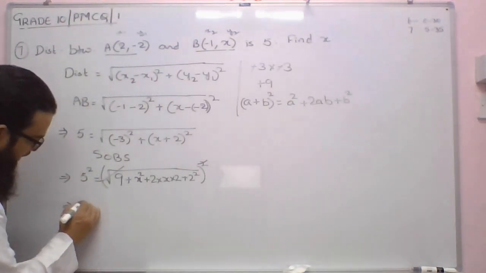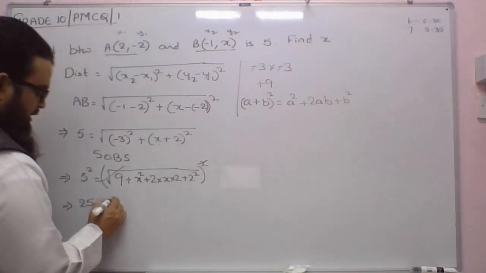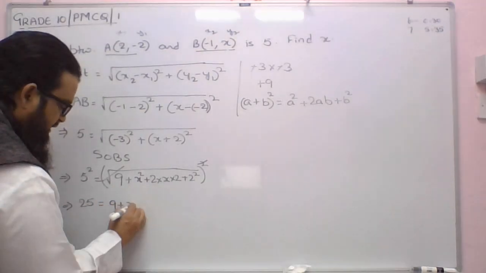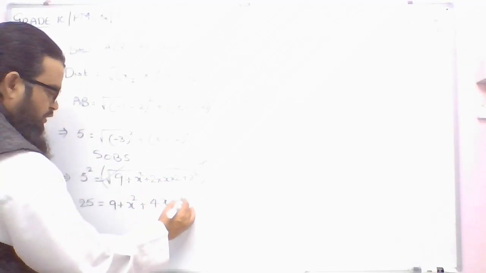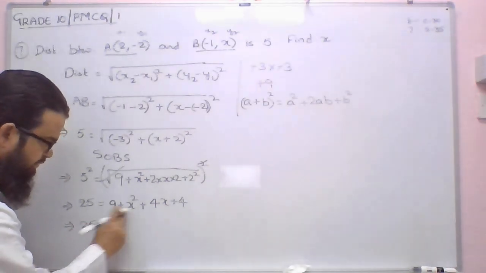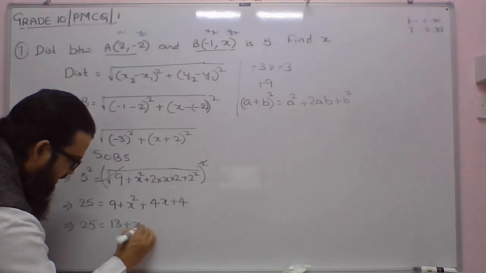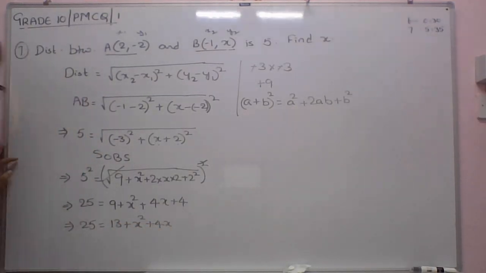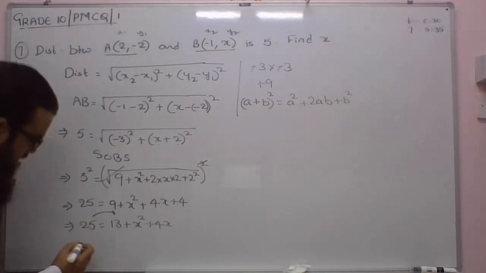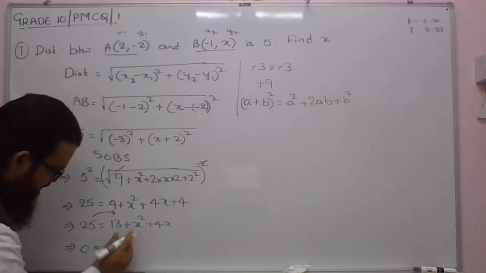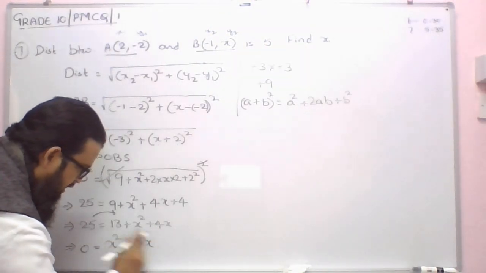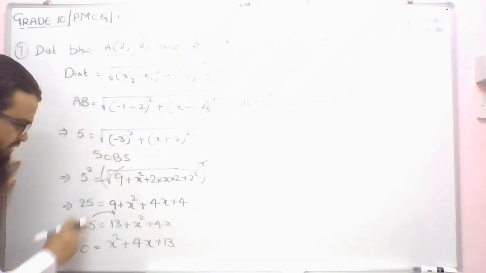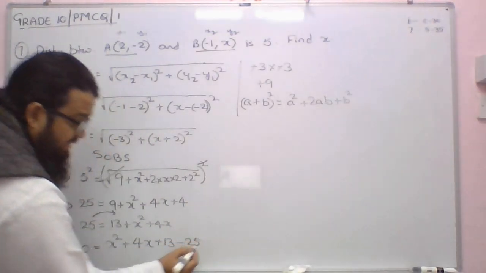So that implies 5 square is 25 equals 9 plus x square plus 2x into 2, 4x, plus 4. So that implies if I solve, it is 25 equals 9 plus 4, 13, plus x square plus 4x. Now transpose 25 to the other side. Let us write it in the standard form of a quadratic equation: x square plus 4x, already you have plus 13, and 25 when you transpose will get a negative sign.